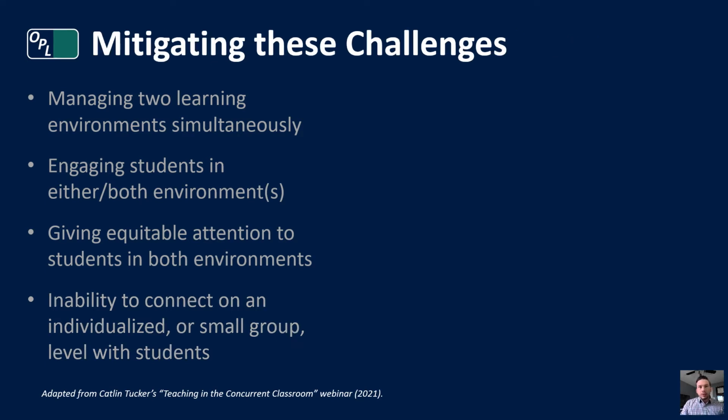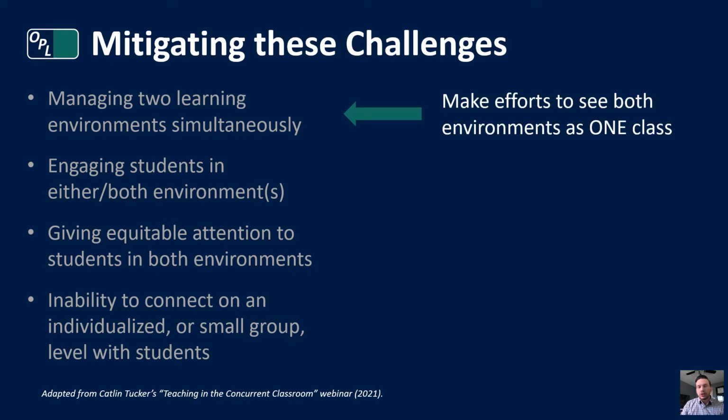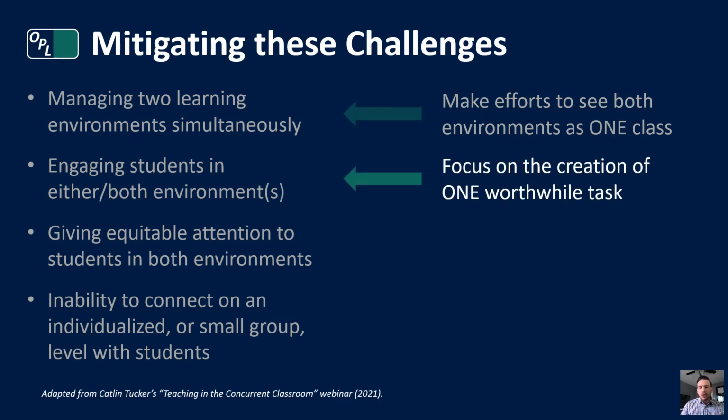So there are some ways that we can go about mitigating these challenges. And this comes from some of the work that's come out of our school district by my supervisor, Donna Wilder, but also some other ideas from people in the state and across the country. The first is that we should make efforts to not see this as two separate classrooms being taught simultaneously, but rather a single classroom. The second is instead of trying to think about engaging two groups of students is to focus your efforts on a single worthwhile task that can be used whether you're in person or virtual.